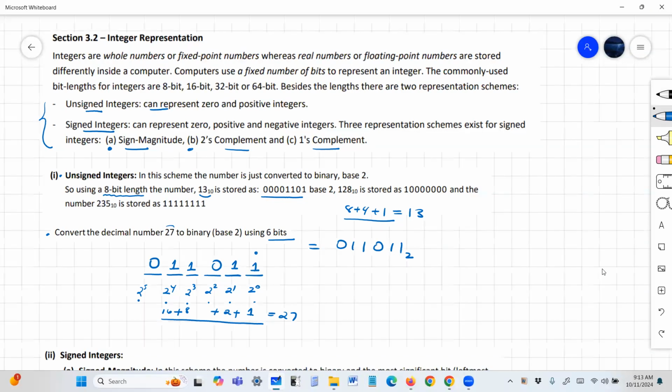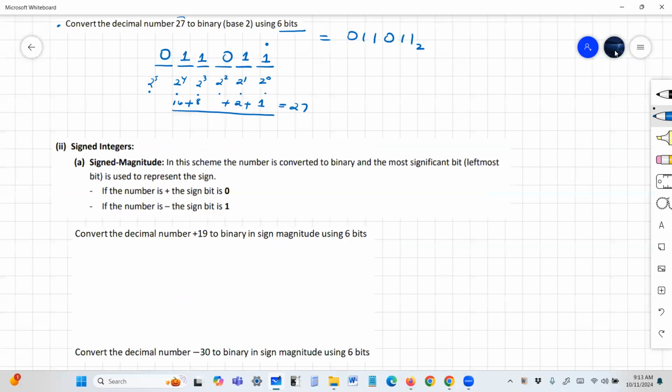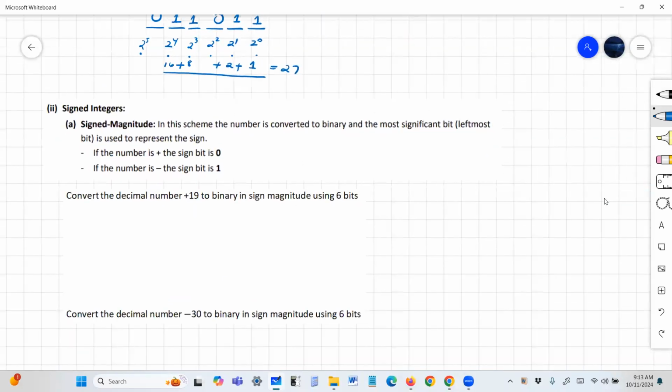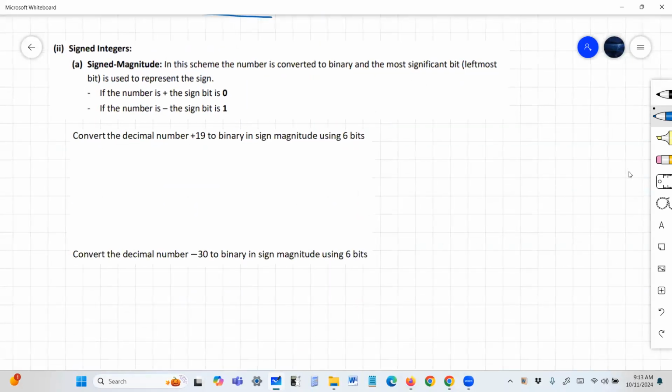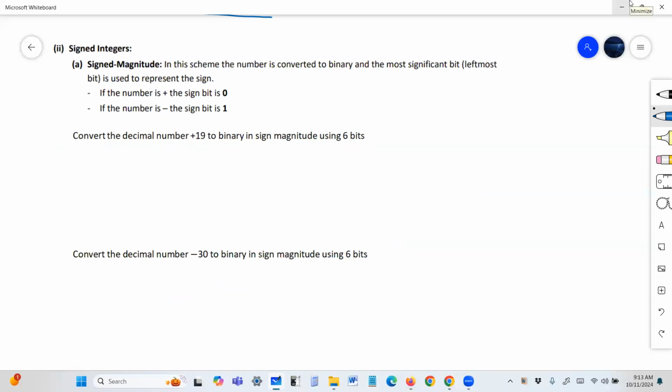All right, next, let's assume the number is signed. When the number is signed, we have 3 different approaches. The first one that we're going to consider is called sign magnitude. Sign magnitude says that the leftmost significant bit, the one on the left, is going to be used to represent the sign.